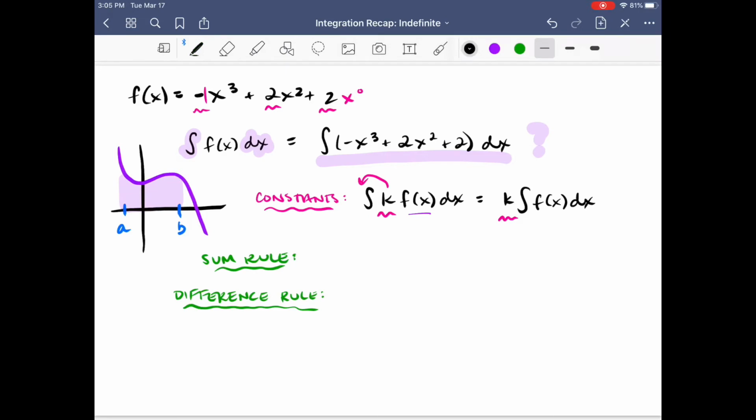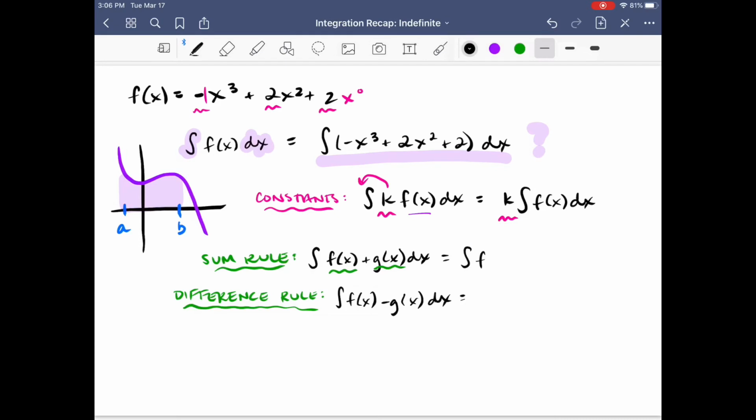So in this case, let's take a look what happens if I take the integral of f of x plus g of x dx, or in the case of the difference rule, the integral of f of x minus g of x dx. Now, if I do this, much like when I take the derivative, I can think of these two functions as separate. I can think of them as f of x and g of x uniquely, meaning I can do the integral of f of x plus the integral of g of x dx, and that looks like this.